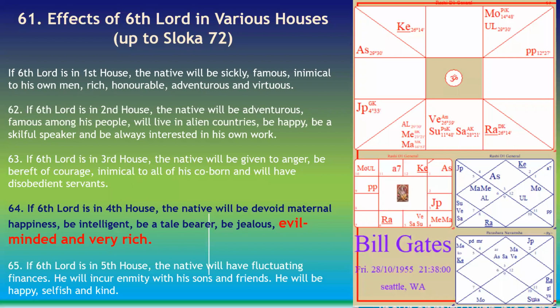So that's what Parashara says: let's say you have Aries rising and you have Mercury on your ascendant, beautiful. But of course, you will be sickly, and of course, you will be inimical to your own men. Indeed. But equally, you will also be honorable and adventurous and virtuous and wealthy. So all of these will come to pass at some point or the other.